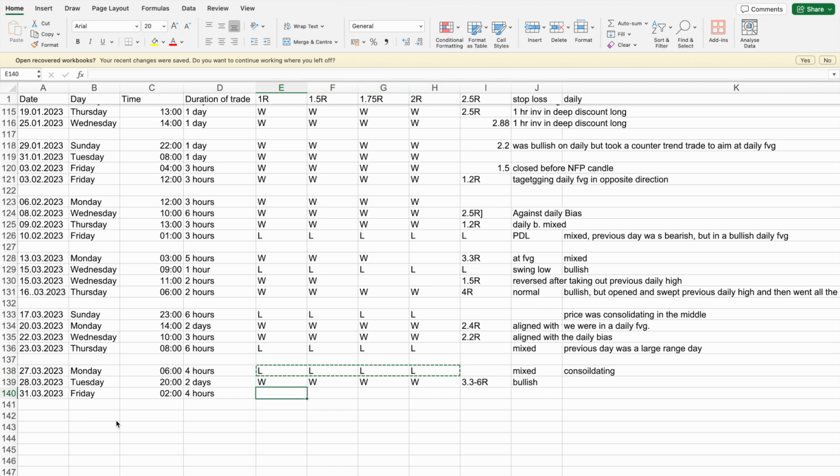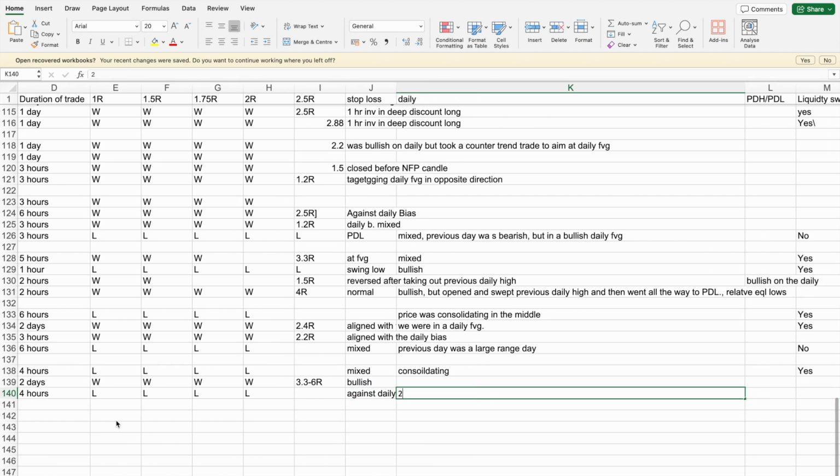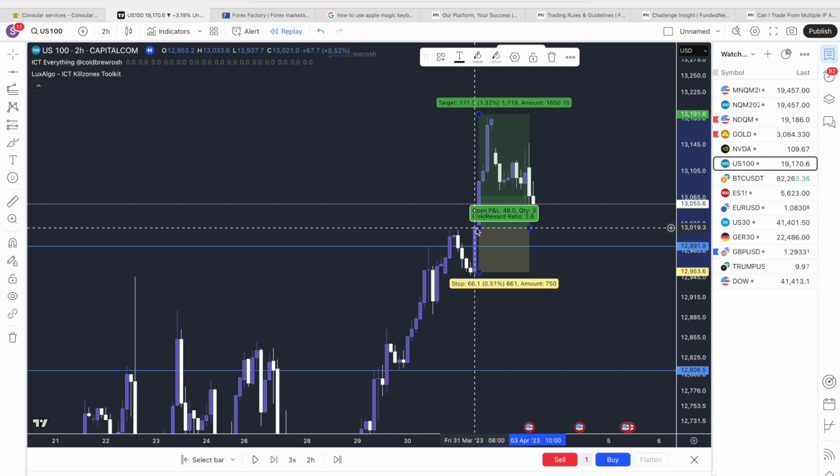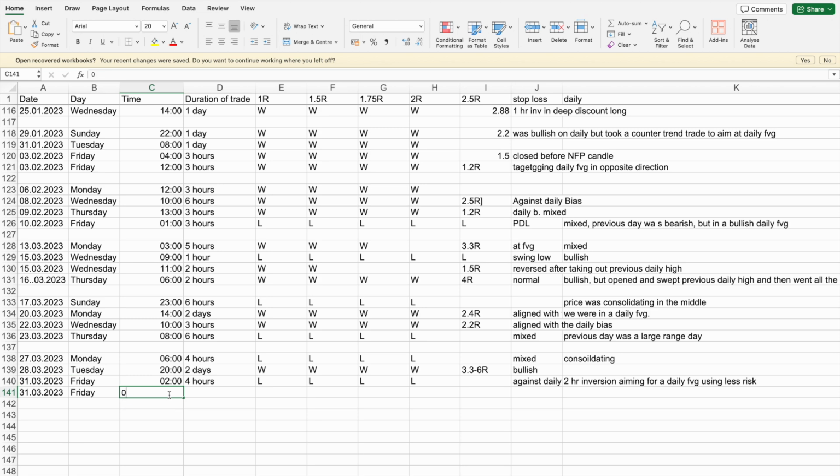Daily bias was against daily bias, to our inversion aiming for a daily fair value gap using this risk. And then the next one, was that at 10 a.m.? 10 a.m. was always a very good time. This one was at 8 a.m. This was okay.